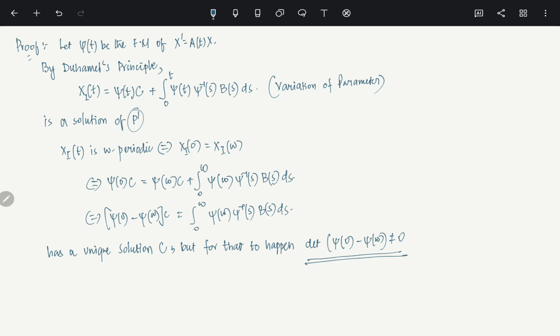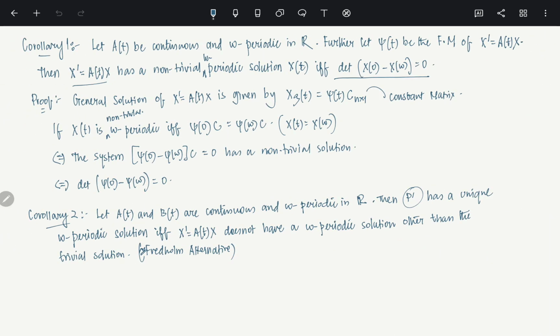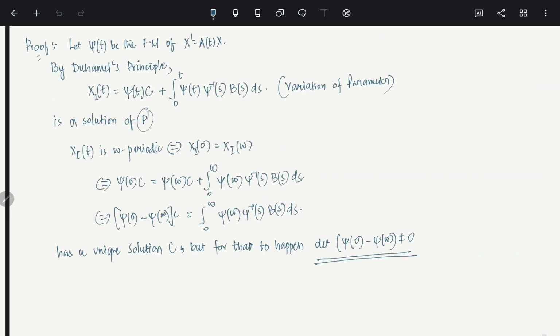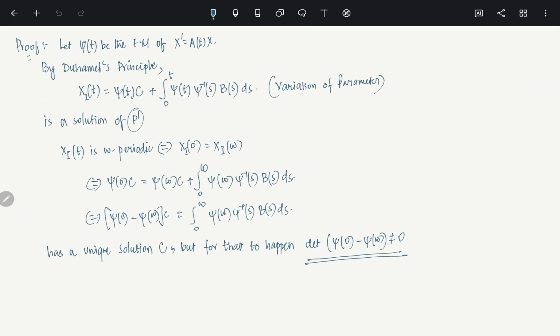Since this is non-zero, that implies that the homogeneous equation doesn't have a non-trivial W periodic solution. So this is an if and only if condition: x prime equals A(t) times x does not have a W periodic solution. So basically, if P prime has a unique W periodic solution, then the determinant of psi 0 minus psi of W has to be non-zero. Is this okay? I think this is quite clear here.